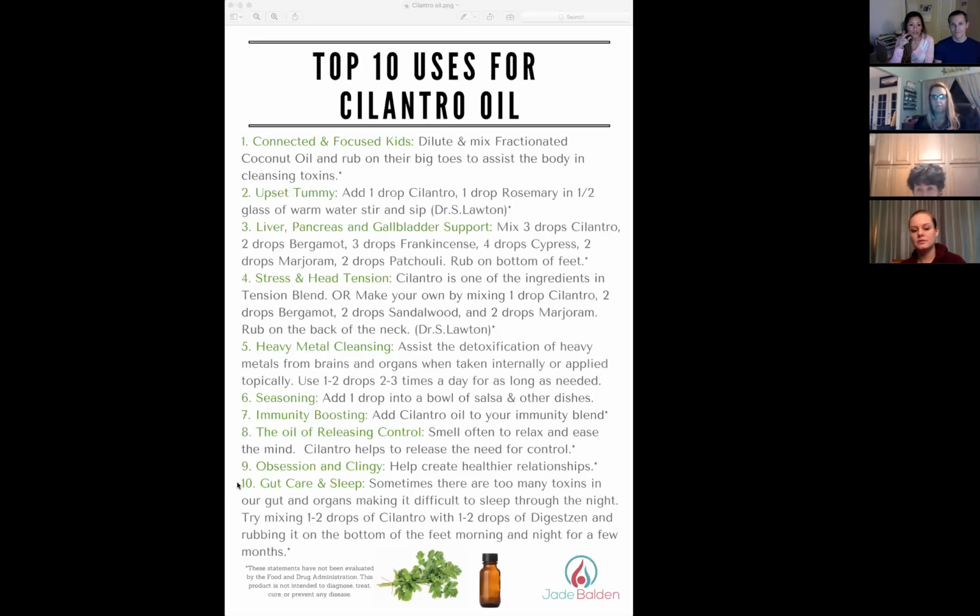If you mix it with Digescent, for kids, especially the kids that have connected and focused concerns, this will help them detox and cleanse their gut, making it less sensitive to things. These children, some of them are quite picky with food, so this will really help them clean things out so that they're not so sensitive, and it'll help them sleep through the night.